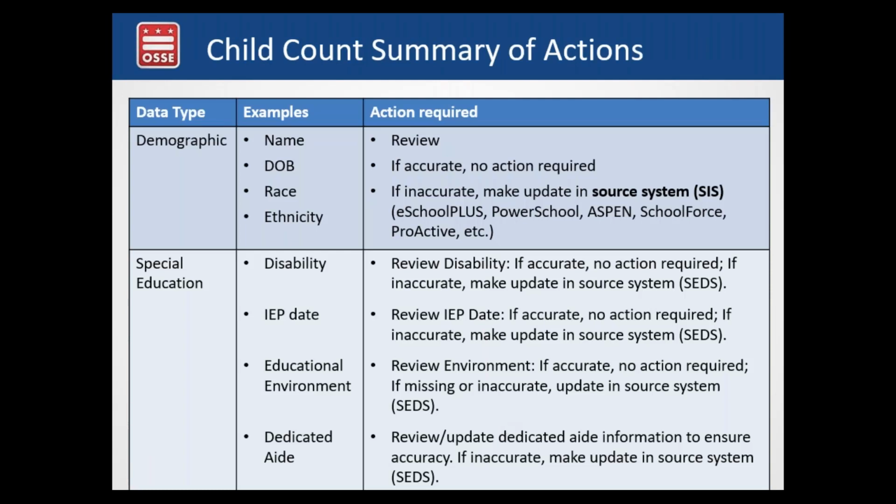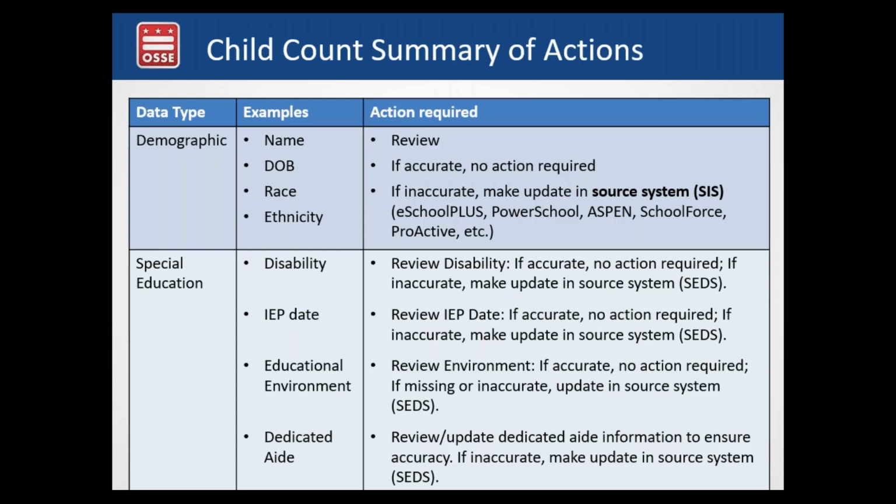The next chart shows a child count summary of action. So I'm going to talk about some of these data types, give you some examples, and then talk about any required actions for those data types. So in the demographic area, the data type of demographic, the examples that we have shown are the name, date of birth, race, and ethnicity.